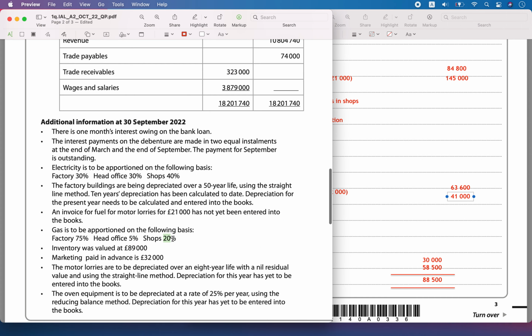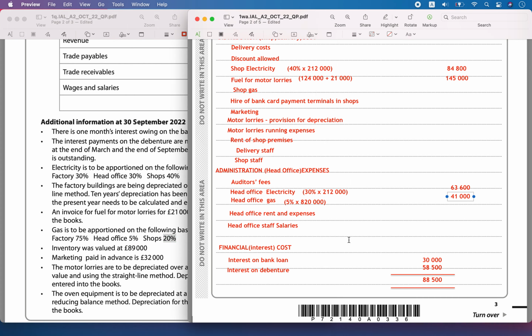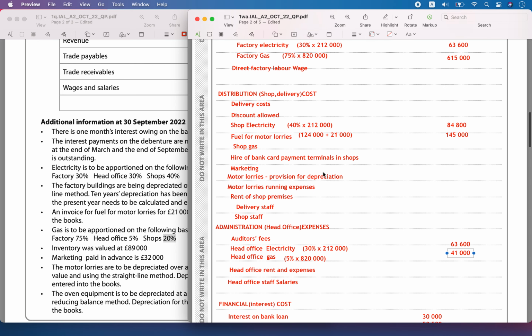Then you have shops, it is 20% of 820,000 for the shop. Okay, the shop gas is being used, it is 20% of 820,000. So that is going to be equal to 164,000.